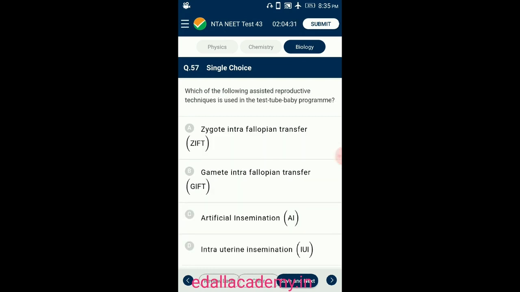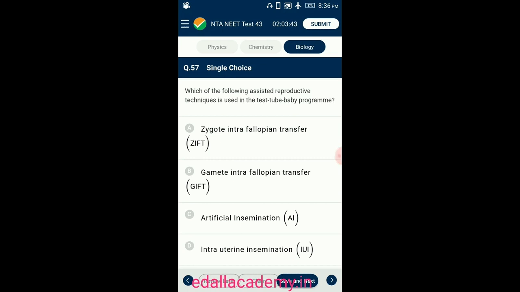Question number 57. Which of the following assisted reproductive techniques is used in the test tube baby program? In the test tube baby program, ova from the wife or donor and sperm from the husband or donor male are collected and induced to form zygote following in vitro fertilization, and embryo transfer technique is called IVF and ET.